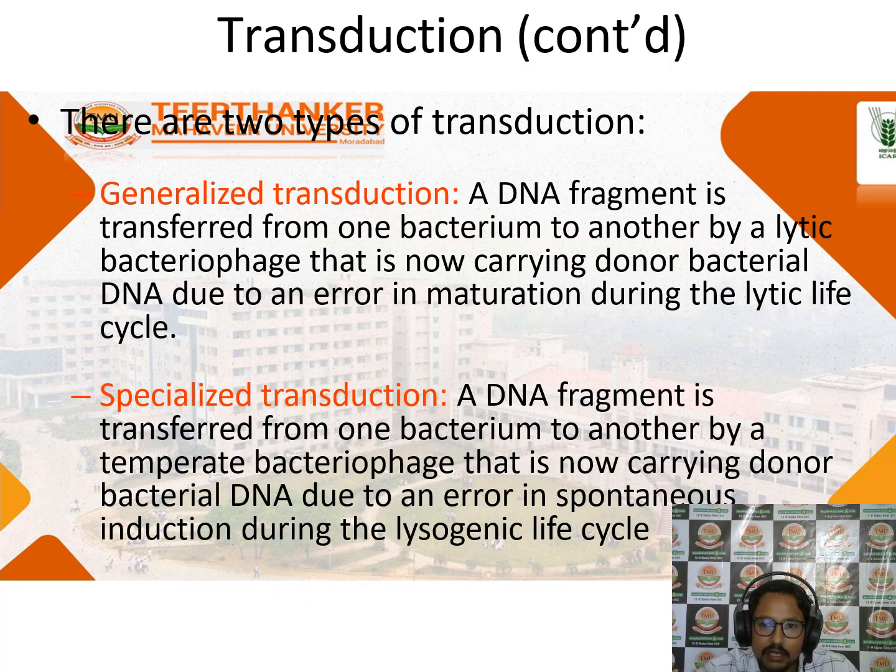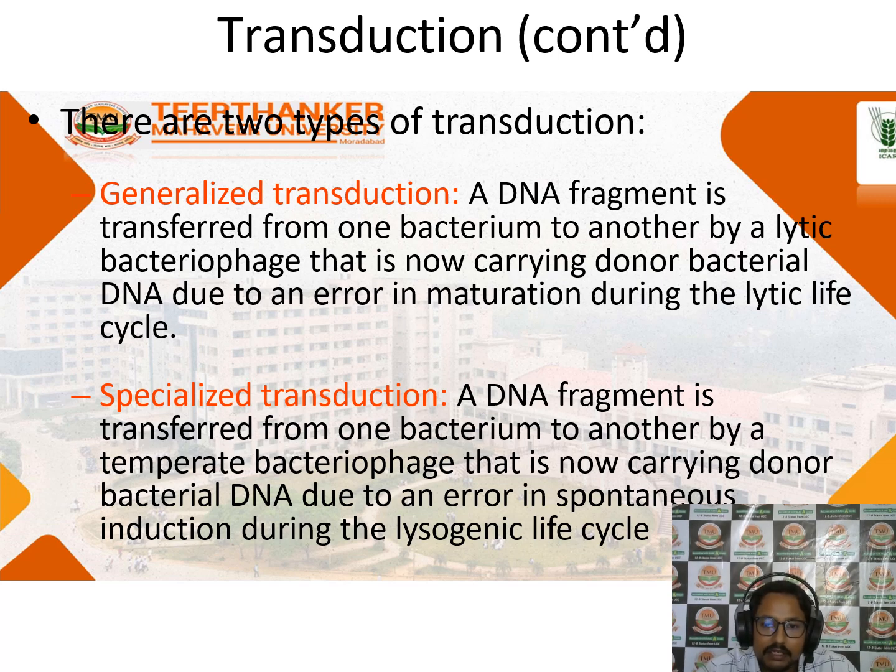Transduction, as I already told, is of two types: generalized transduction and specialized transduction. In generalized transduction, a DNA fragment is transferred from one bacterium to another by a lytic bacteriophage that is carrying donor bacterial DNA due to an error in maturation during the lytic life cycle.